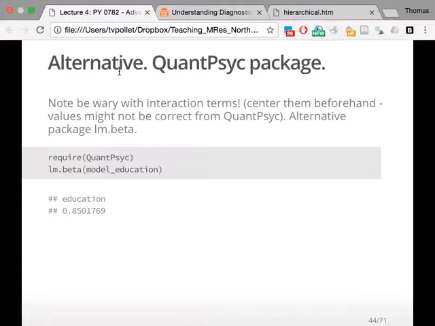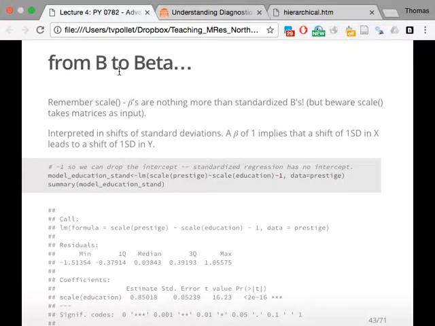So don't just blindly rely on packages to do that, but have a think about what it means in terms of a shift. We currently don't have interaction models, but once you have interaction models, things become more complex for betas in terms of interpretation. Basically, we load the QuantPsyc package, and then we use lm.beta, and then it will print the beta, which we need for this. And it's the same as the one that we got here.